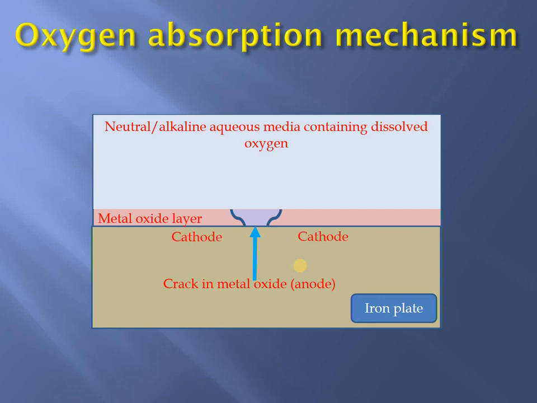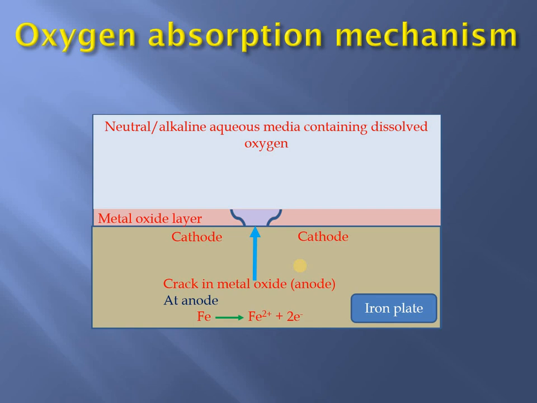As we know that oxidation of metal takes place at the anodic junction. So here at anode, Fe will get oxidized to Fe2+ and it will give 2 electrons.